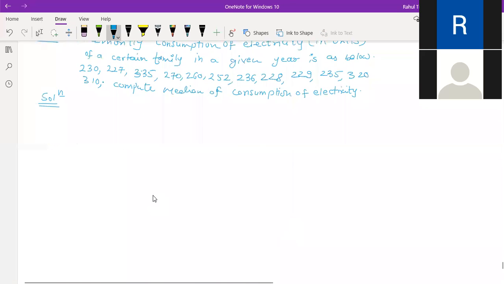So what could be the minimum number? Just search out the minimum number. I think the minimum number is 227. So the data in order: 227. Then I think next is 228, then 229, 230.